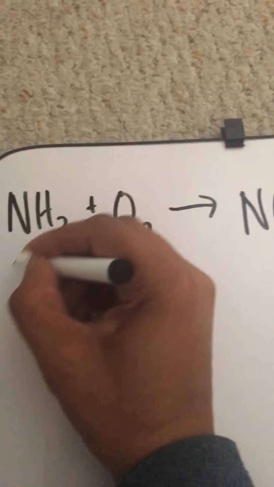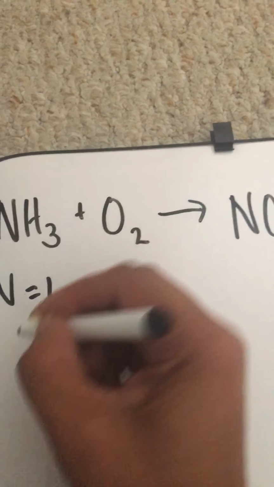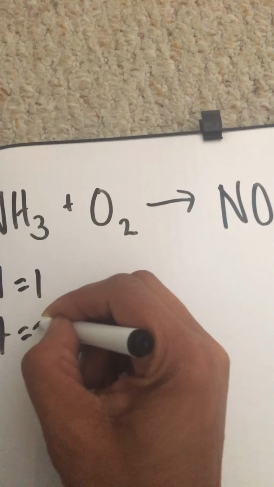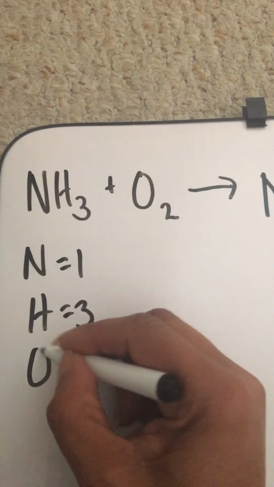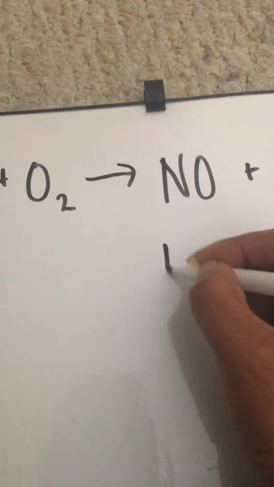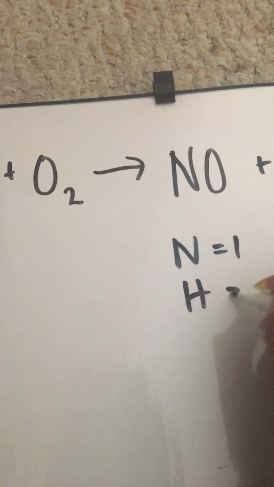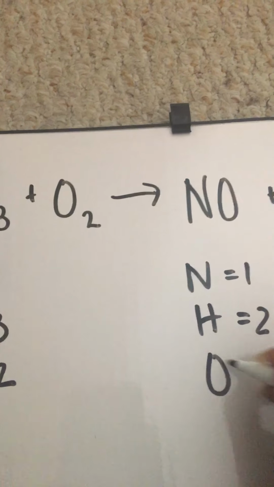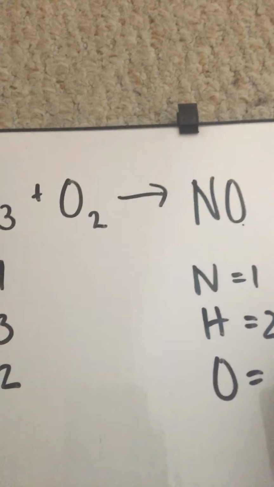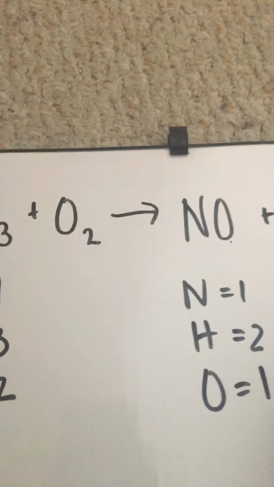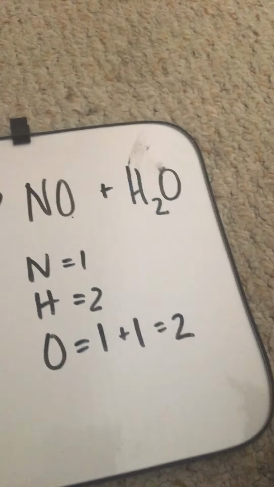Now that I got it, let's do some balancing. N equals 1, H equals 2, and then O equals 1 O from there and 1 O from there, and that gives me my whole total of 2.